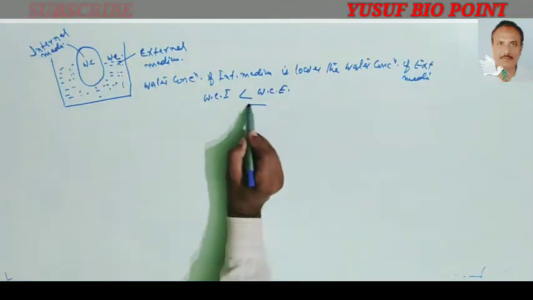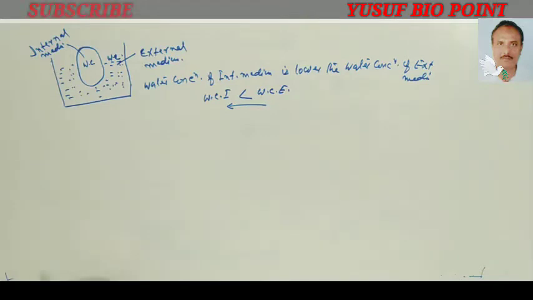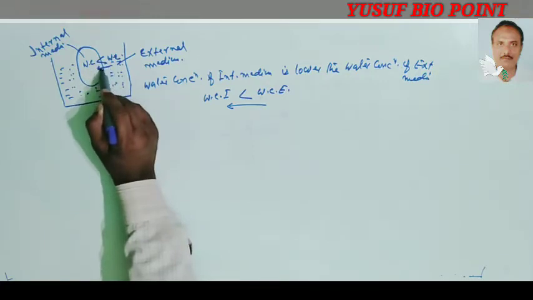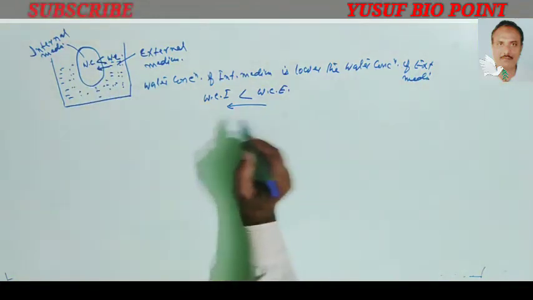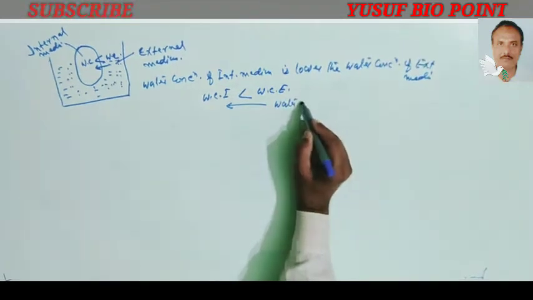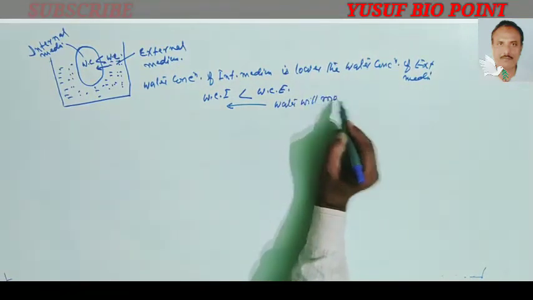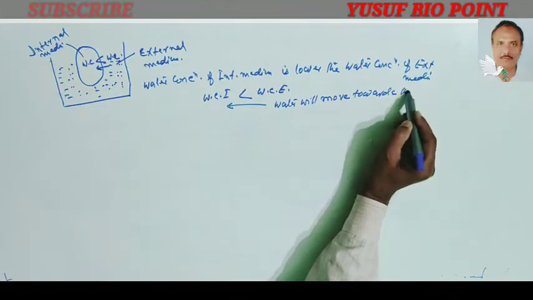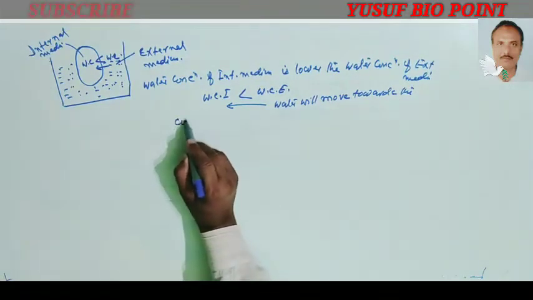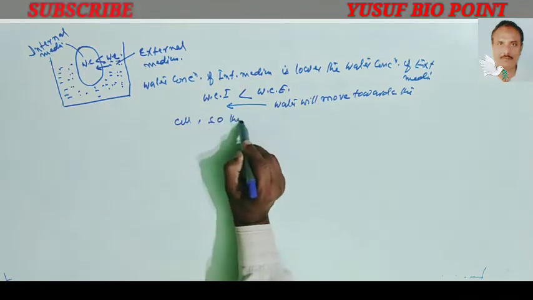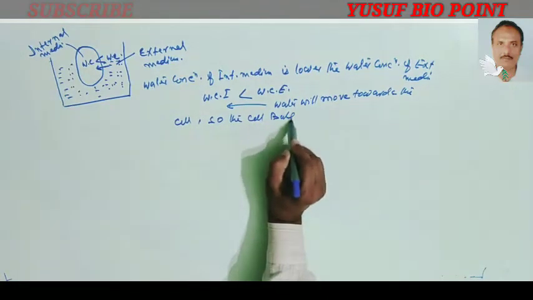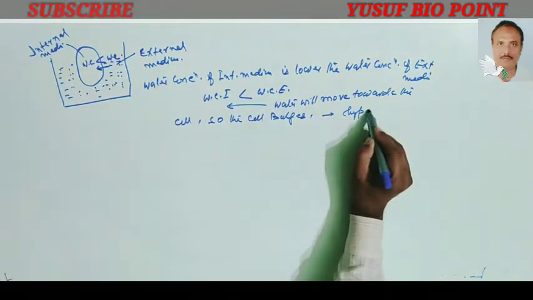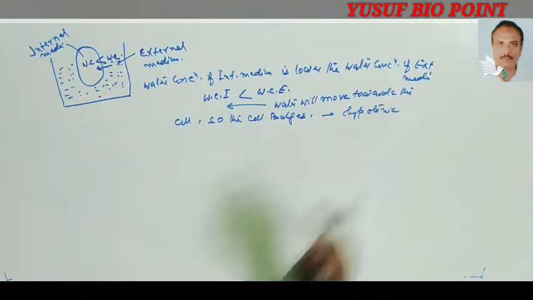So the water will move into the cell. So the cell bulges, and that is called hypotonic.